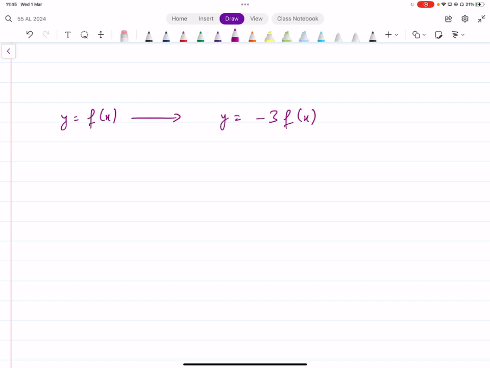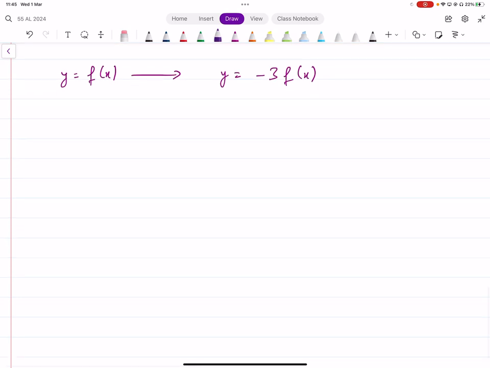What transformation is this? Stretch and reflection. So how do we write it down? इसको describe करना हो तो क्या करते? We'll say there's a vertical stretch. You could say that's a stretch along y-axis.